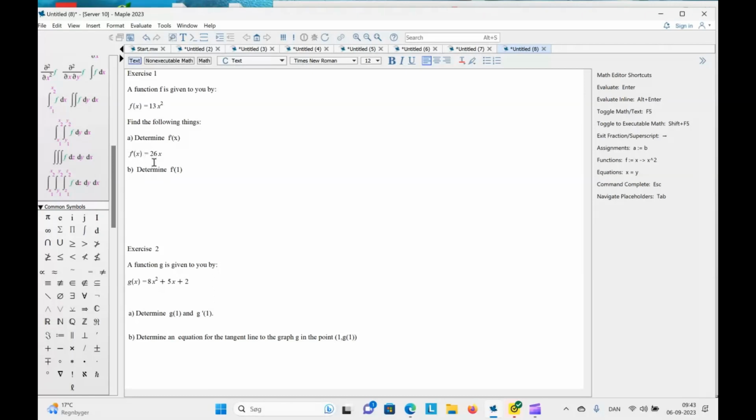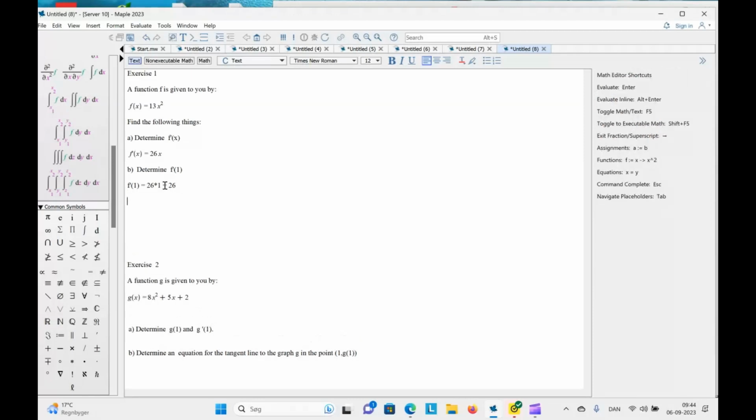And now we have found f mark. We need to determine f mark when x is 1, and then f mark is pretty simple. It is 26 multiplied by 1, which is 26.